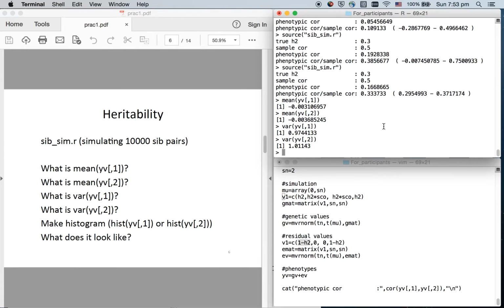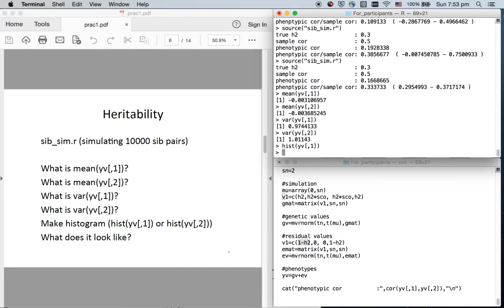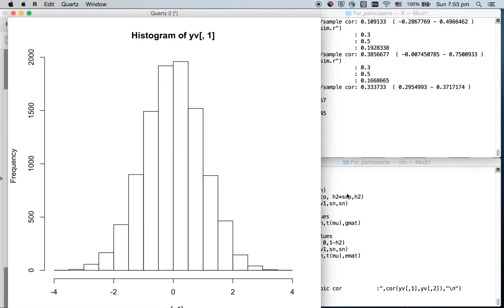So let's make a histogram for the first SIP. Give a hist yv1. Where is the histogram? Yeah, looks like this. So this is a mean 0 and the variance is 1 around here. So this is around 1 standard deviation interval. So this is variance. It looks like this.